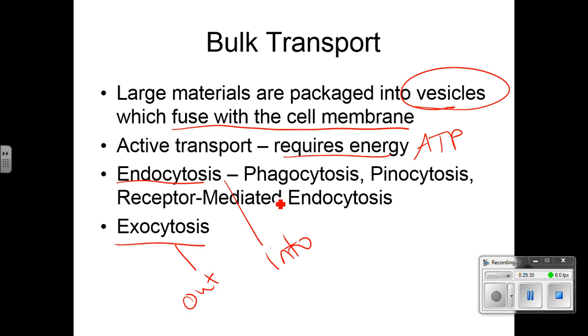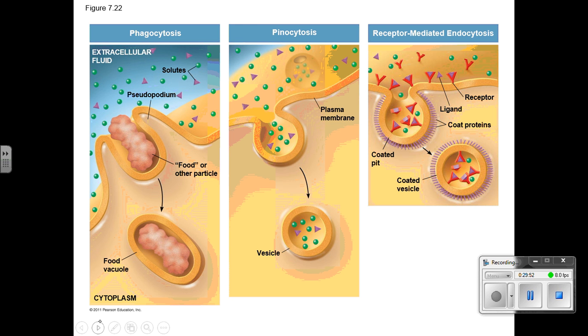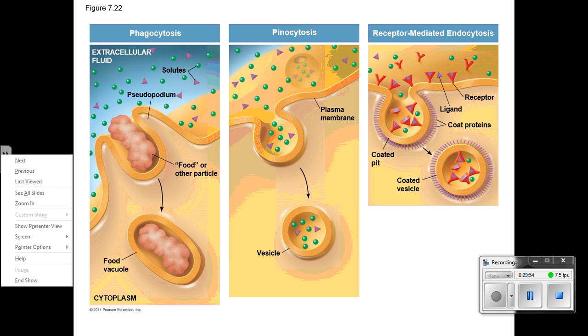Technically, endocytosis has several different types. Phagocytosis is large particles that are things like food, things that are particulate. Pinocytosis is anything liquid. And receptor-mediated is actually where receptors on the cell mediate that process. I'll have you watch a video here in a second. This is a picture of that.